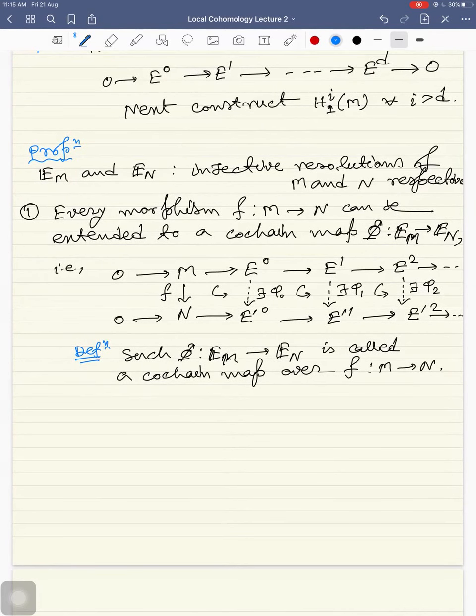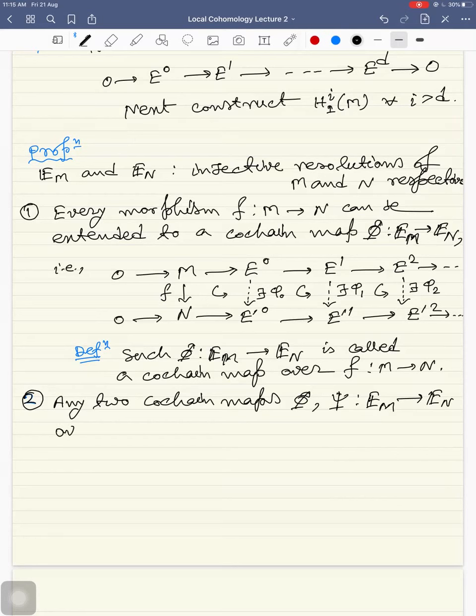And the second statement we have for this proposition is that any two cohomology maps phi and psi from EM to EN over F are homotopic.